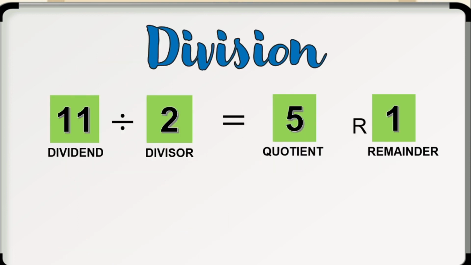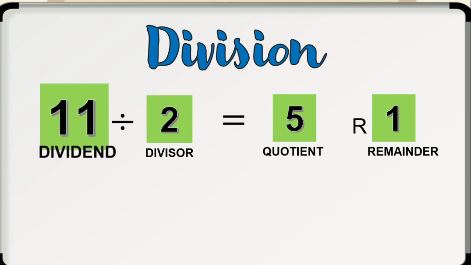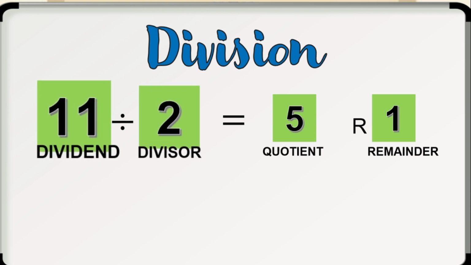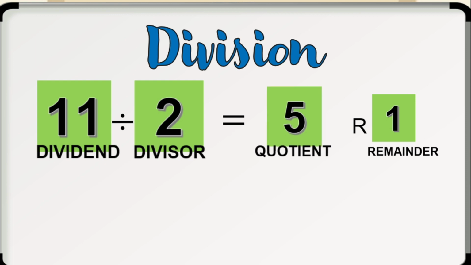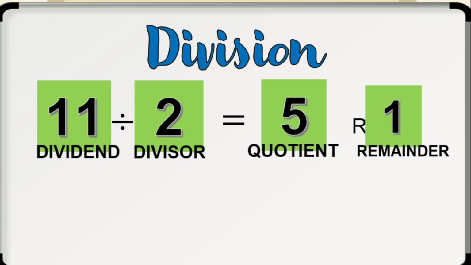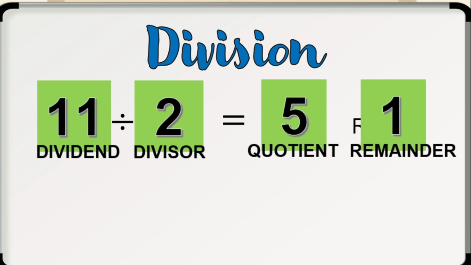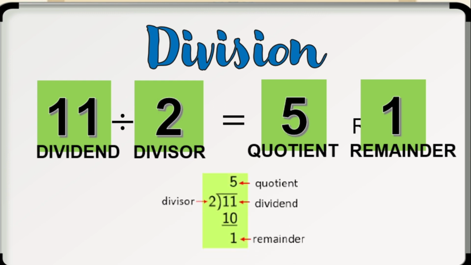Let's now discuss the division of polynomials, starting with the parts of division. The parts of division are dividend, divisor, quotient, and remainder. The dividend is the number that is being divided in the division process.